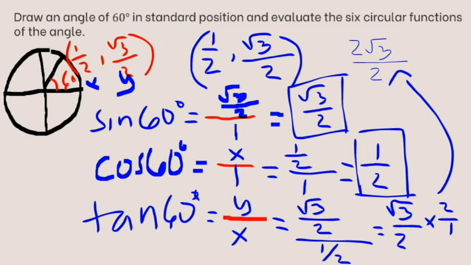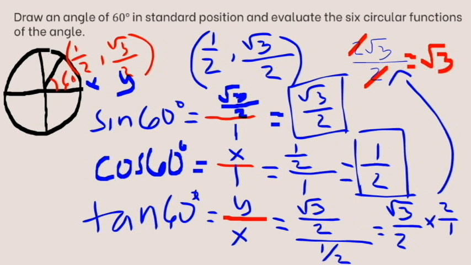We can divide the 2 and the denominator 2, so we can cancel out. What remains is square root of 3 over 1, or square root of 3. So this is now our tangent.